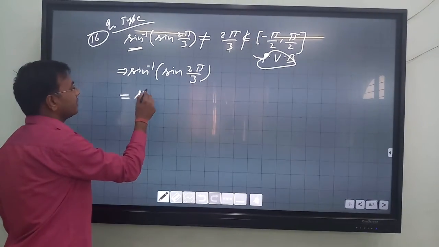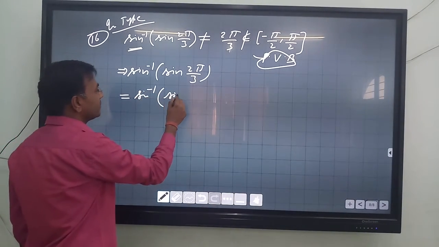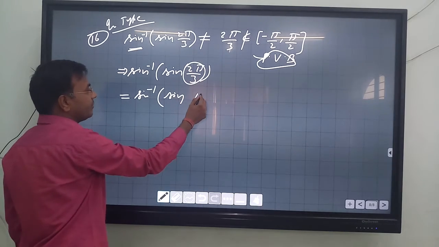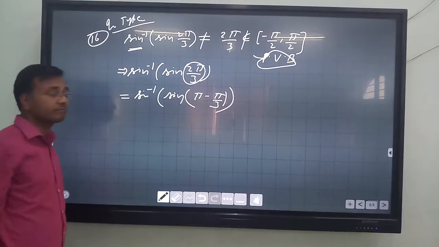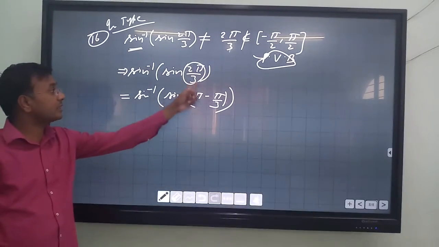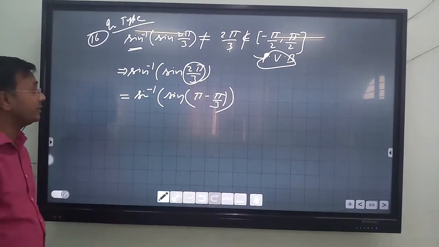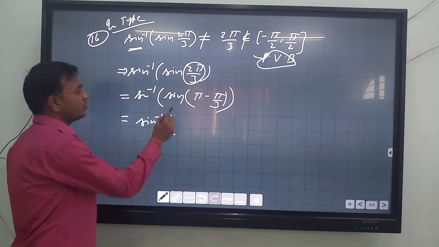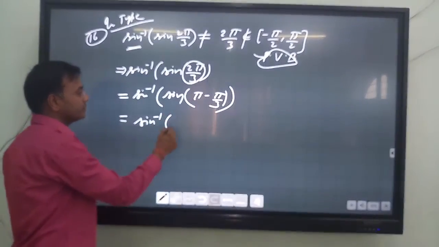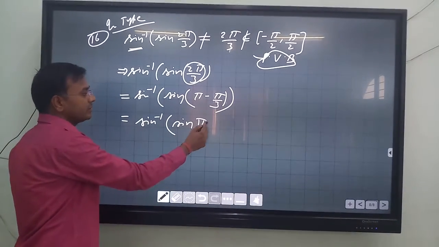So now sine inverse, this sine 2 pi by 3 can be written as pi minus pi by 3. Check. Pi minus pi by 3 means 2 pi by 3. So equals, now use sine of pi minus theta, that is second quadrant.